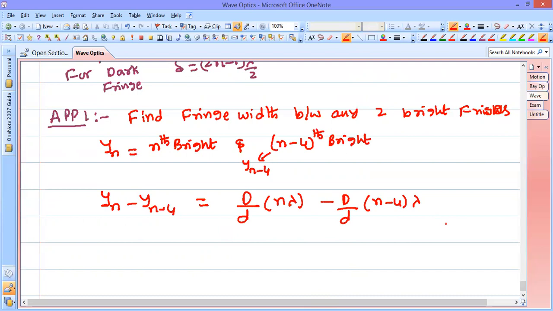Upon solving, we'll get capital D by small d times 4 lambda.